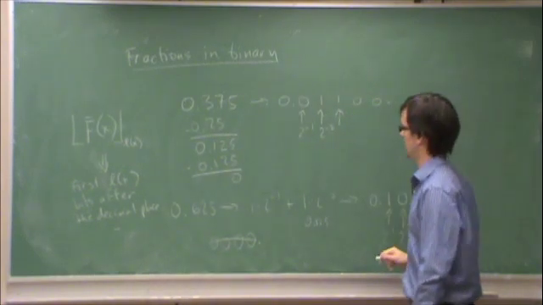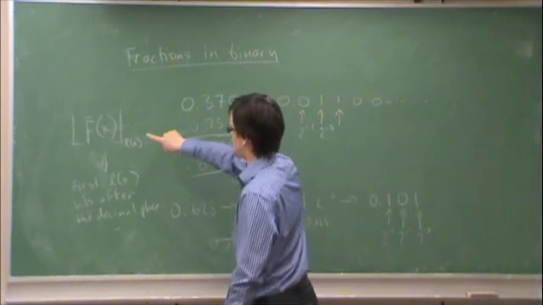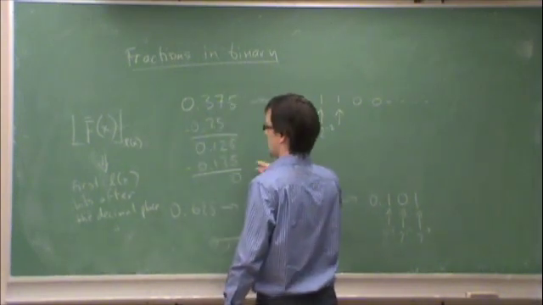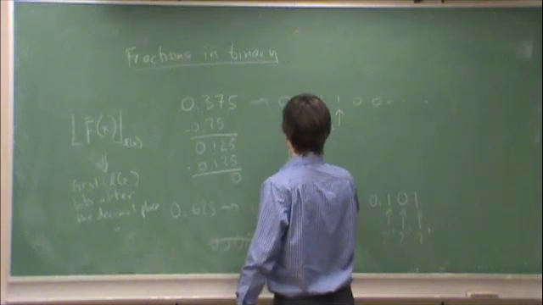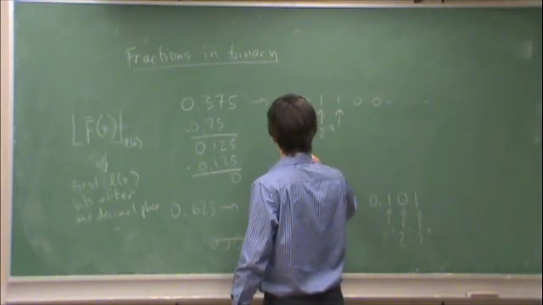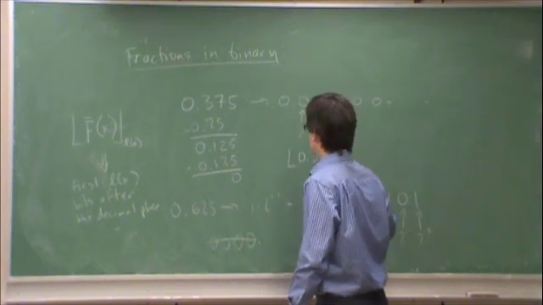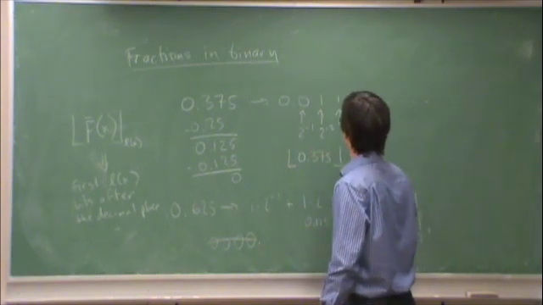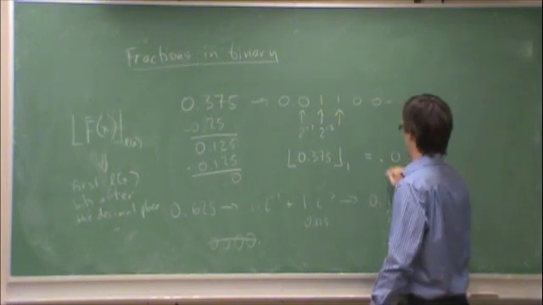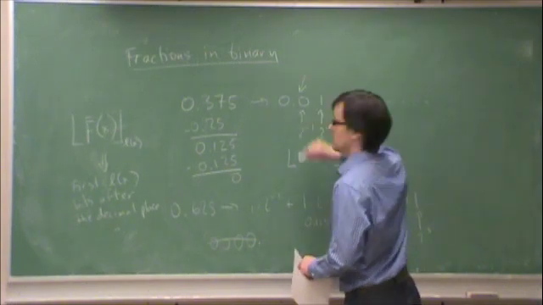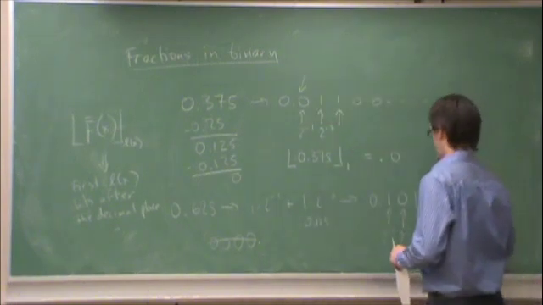Okay, so if for a particular value of x, f bar of x is 0.375, then floor of 0.375 sub 1 would be 0.0. That's the first bit in the binary representation.